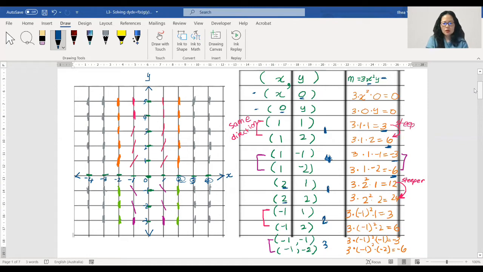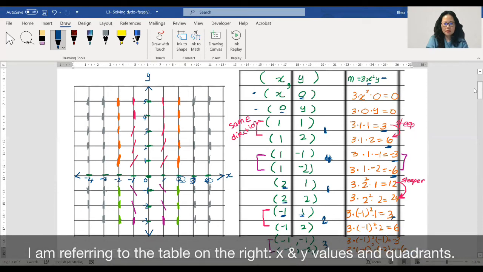And when you look at the second quadrant, right here, it's the same as the first quadrant, as you can see. So 3 and 6 is the gradient for the first quadrant, and for the second quadrant, here 3 and 6 as well. So that means they're going in the same direction.